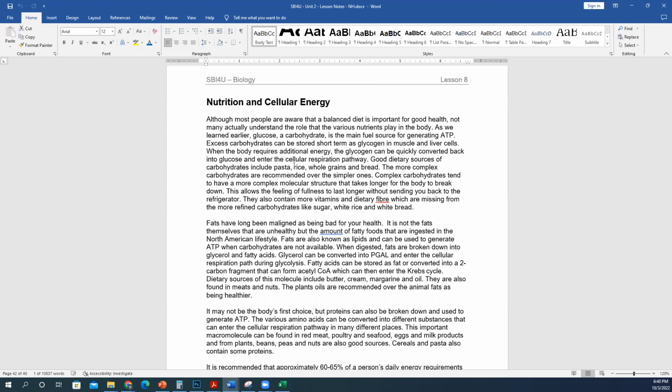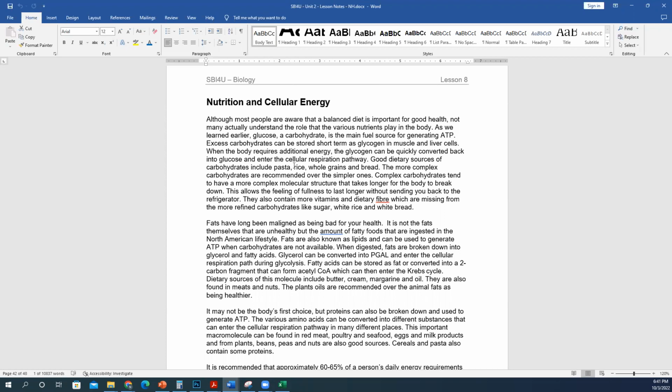Fats are another source of energy. And fats for a long time have really been viewed as being bad for our health. What you have to understand is that it's not the fats themselves that are unhealthy, but the amount of fatty food that we eat in our North American lifestyles and diets, and the type of fat that we eat.